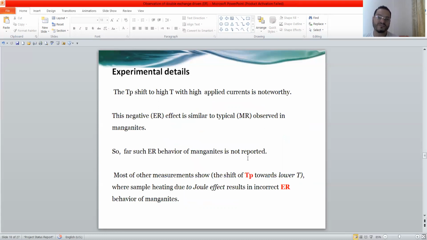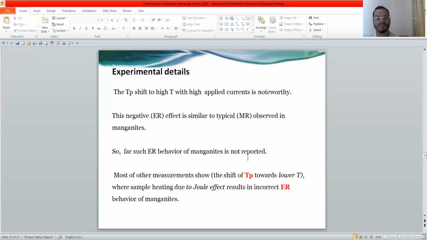The peak temperature shifts to high temperature with high applied current. This negative electric resistance effect is similar to the typical magnetic resistance observed in manganites. Such electric resistance behavior of manganites was not reported.